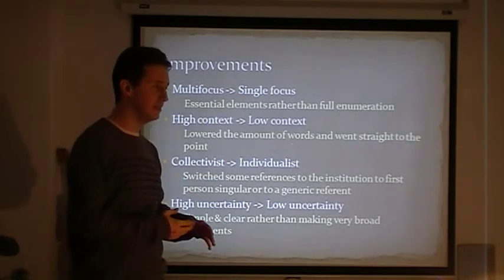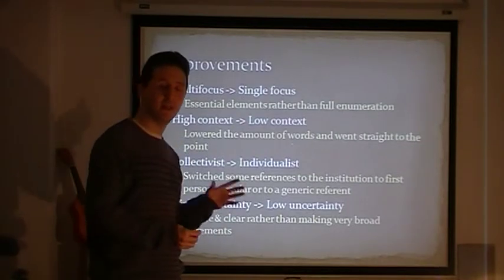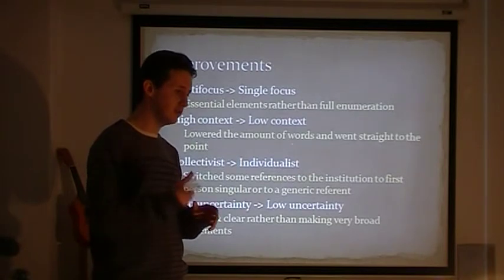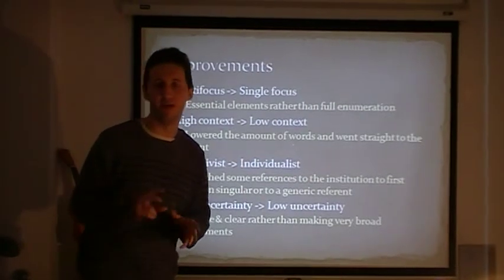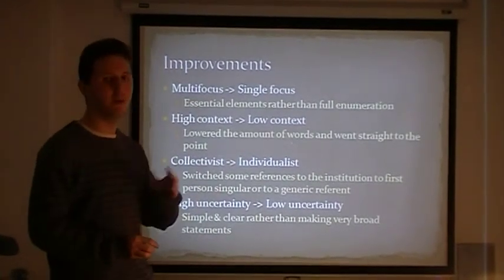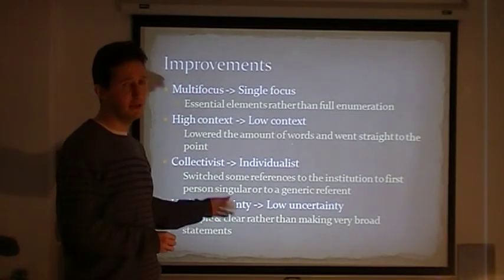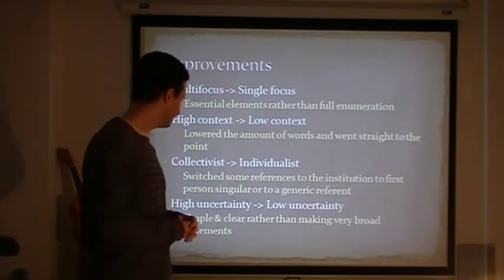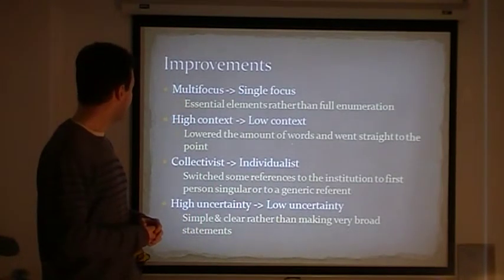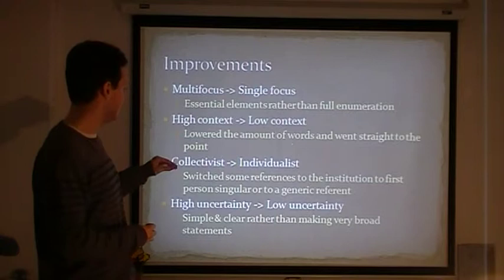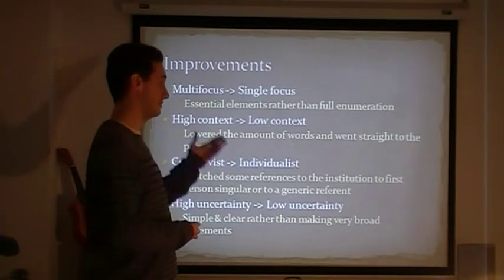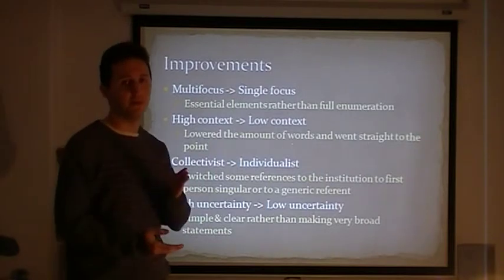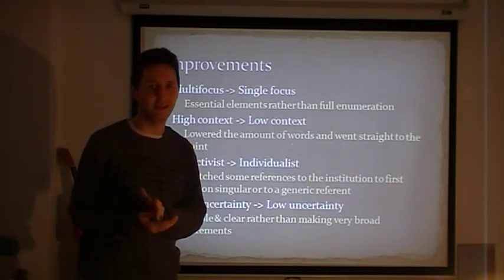Then to change the approach from being collectivist into more individualistic, I switched some of the pronouns from we to I, or from our to my, or I simply used a generic referent, such as the university. And in terms of uncertainty avoidance, which is directly related to context, once again I simply tried to make everything explicit, clear and simple.